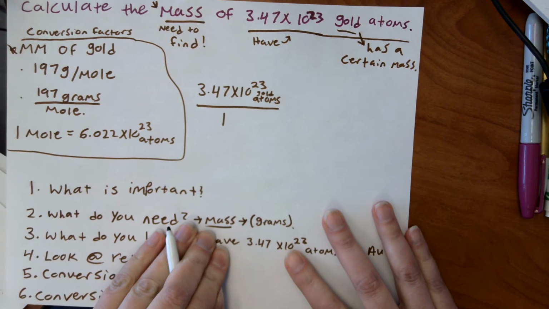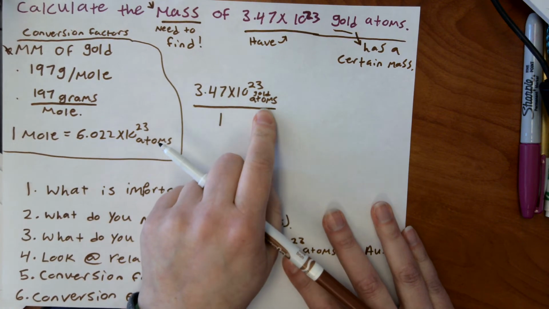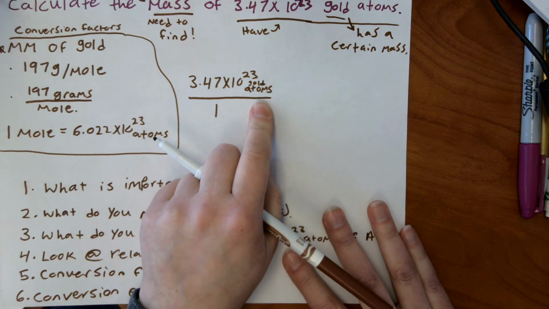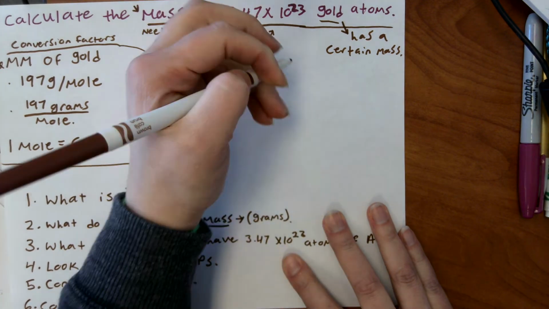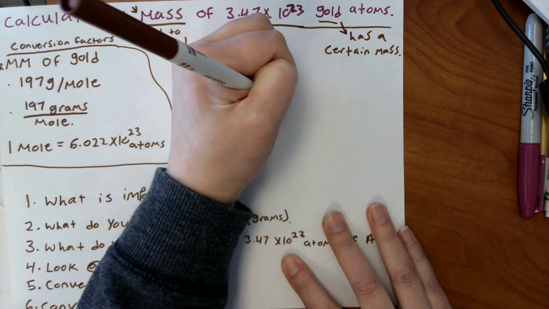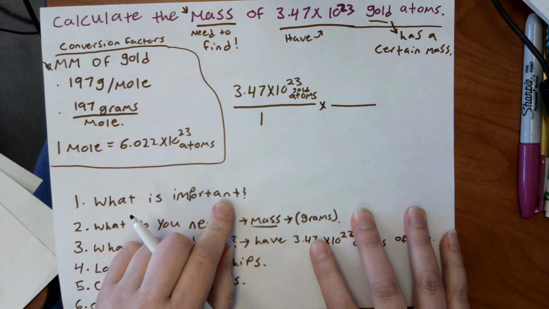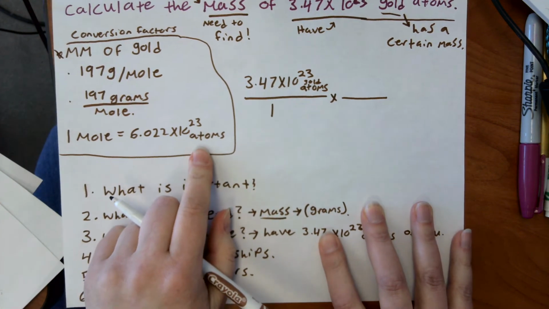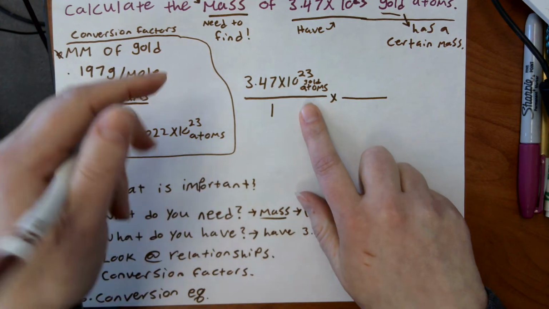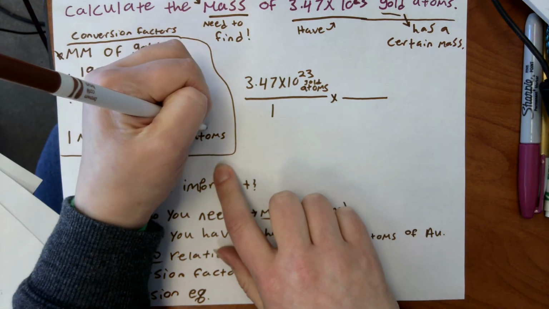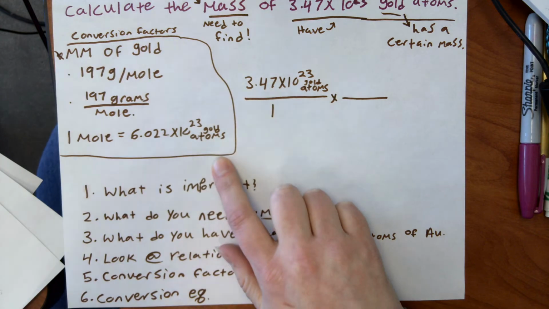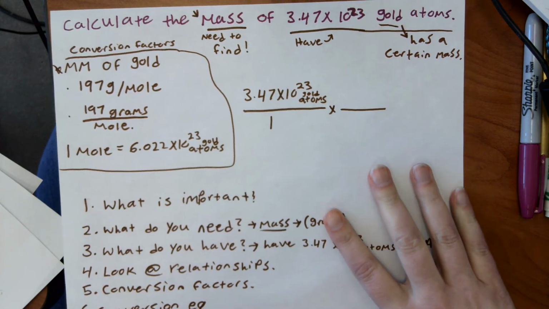From here, you should be thinking, I have to get rid of gold atoms in order to move on in my conversion. So one conversion factor has to go here. And look at that. We got to get rid of gold atoms, and we know that this many gold atoms makes up 1 mole. So let's use that.